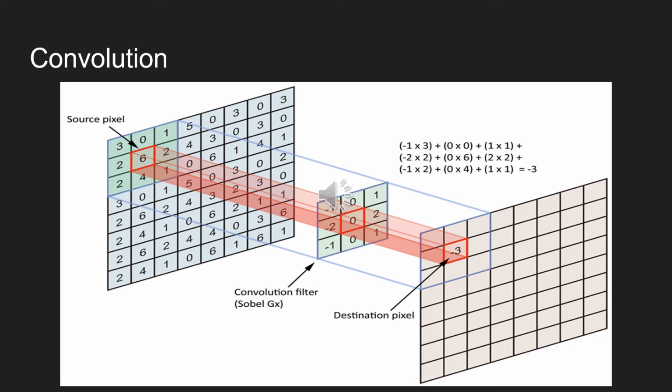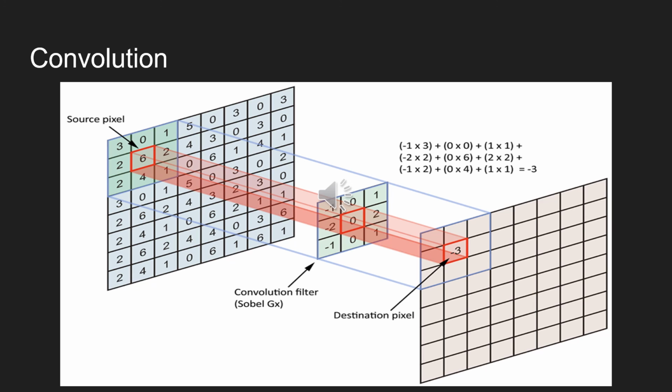Here is the convolution technique applied to the source pixels by the convolutional filter or the Sobel kernel g of x. This is a filter or a kernel to detect the edges present in the image. The filter is multiplied with the initial image and the result is added up.